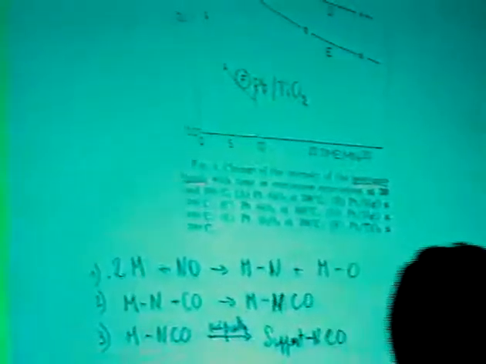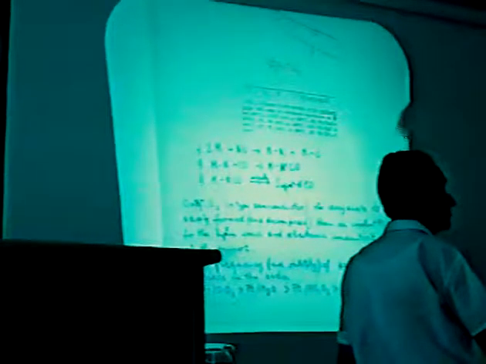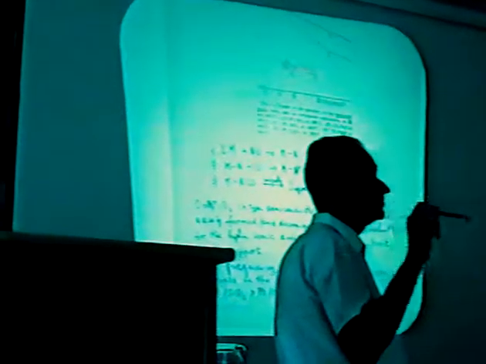And the frequency and the stability of the isocyanate decrease. And on platinum on titanium, the isocyanate is formed on the platinum and spills over the titanium, giving a band in this position.